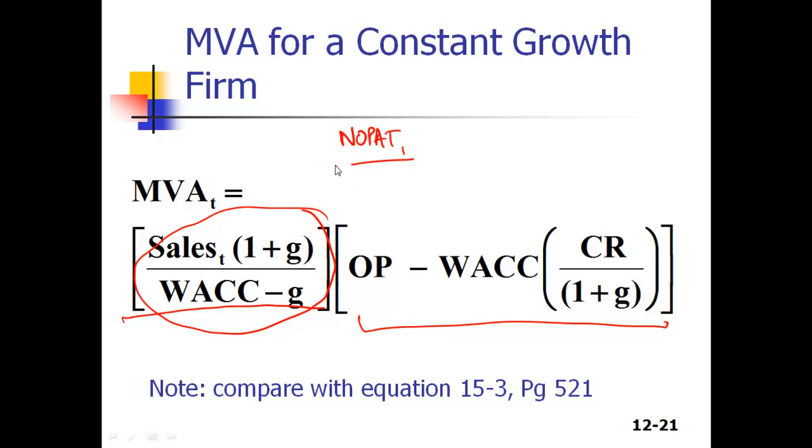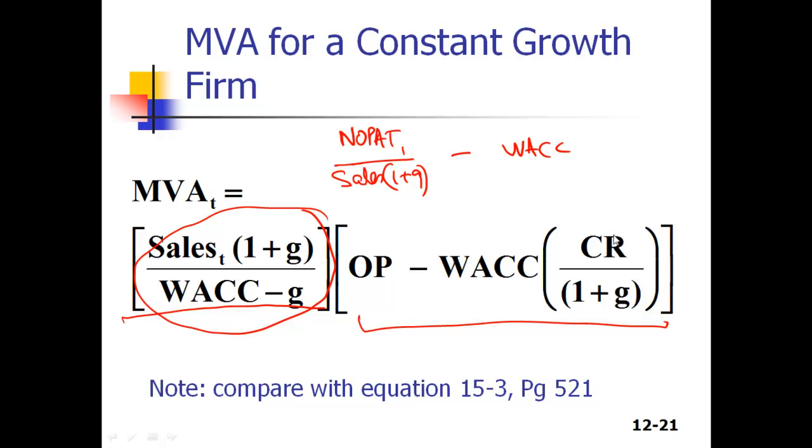So there's a reason why I'm putting it this way. So divided by sales into, say, sales grow at the rate G. So no PAT divided by sales, is this your operating profitability? Yeah. Okay. Minus WACC. What's WACC? Your total cost of capital. What is CR?